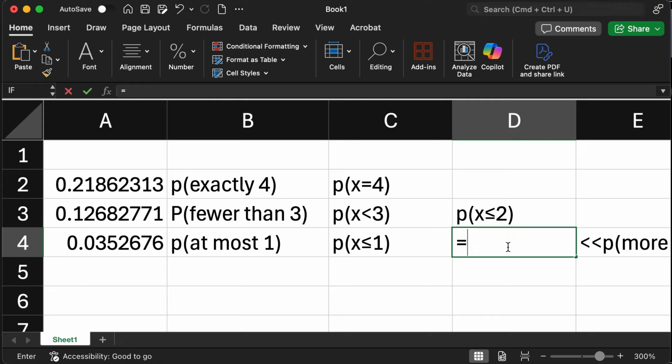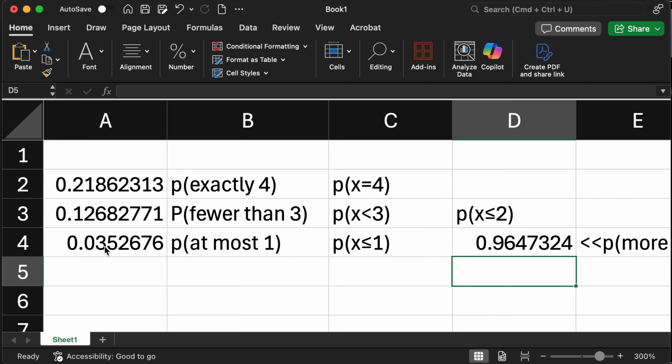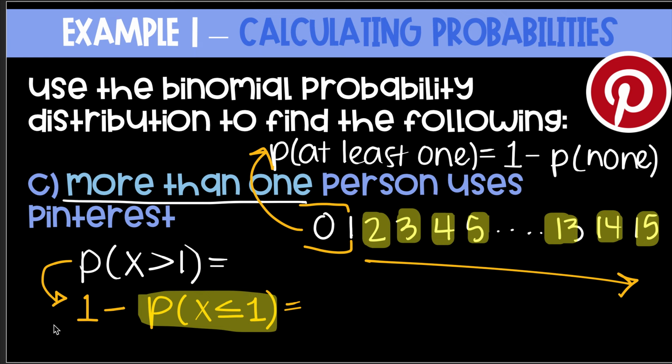I put the equals just to take the calculation, 1 minus, and I put this probability, 0.0353, which gives 0.9647, or 96.47%. So the probability of more than 1 is 96.47%.